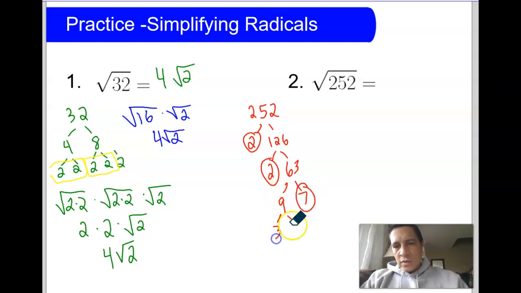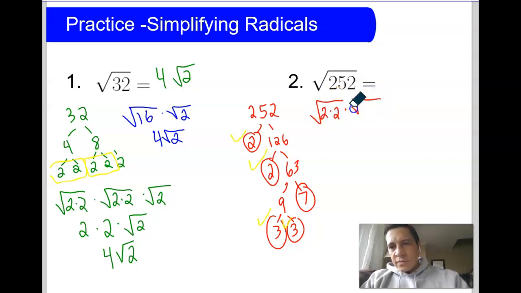And 9 is 3 and 3. Again, I am looking for those perfect squares here. So I'm going to rewrite this as the square root of 2 times 2, times the square root of 3 times 3, times the square root of 7.